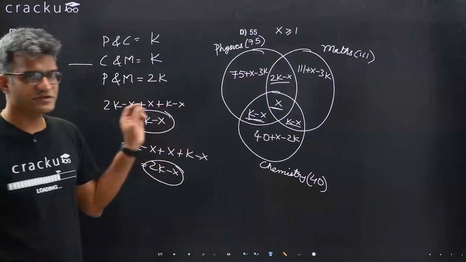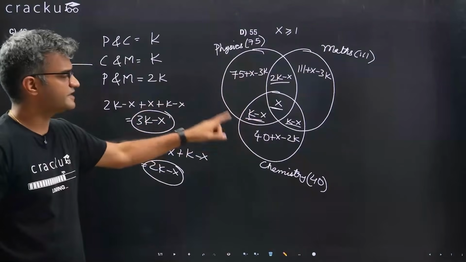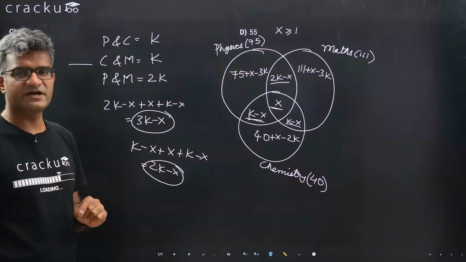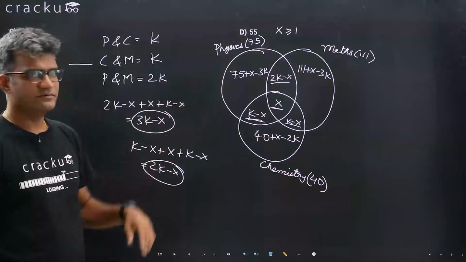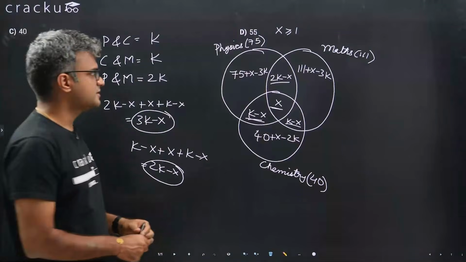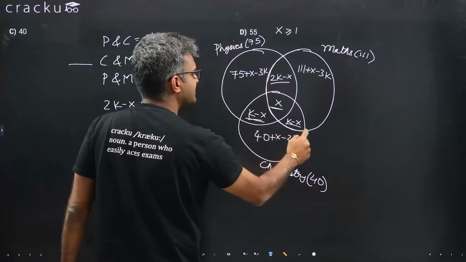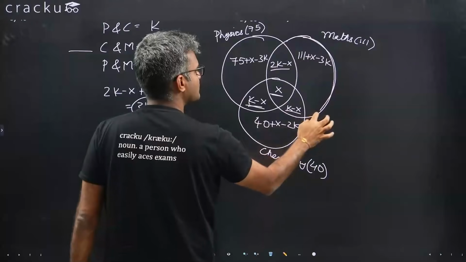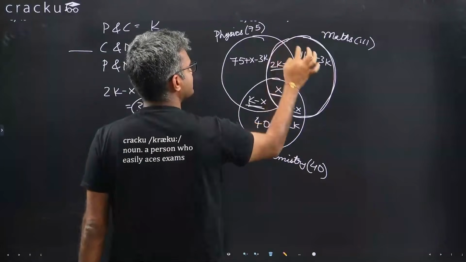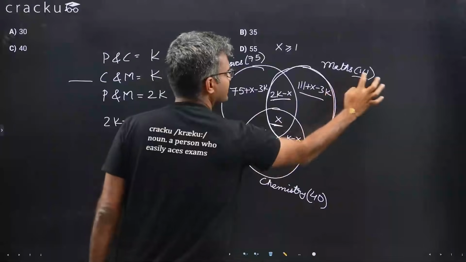Now we know the distribution of all the 150 students. If we sum up all of these variables, we have to get 150, which is the total number of students. We can just add all of them, or we can be slightly smarter. We know that the sum of all the numbers within this circle is equal to 111. You can just add this one plus this one plus this one plus this one. You will get 111.